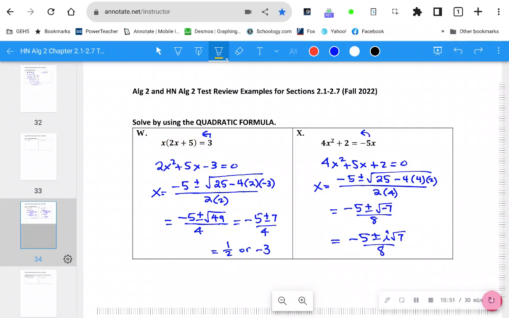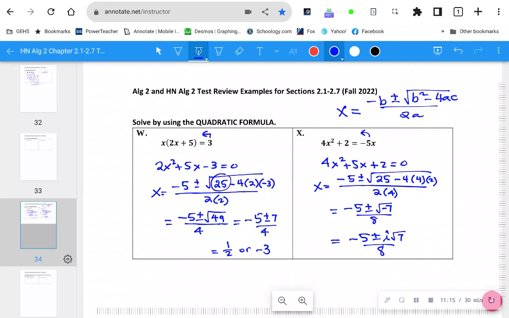And the formula, let me write that off to the side, is x equals the opposite of b plus or minus the square root of b squared minus 4ac over 2a. Excuse me. So you start with the opposite of b. You can see I changed the sign of that middle term. Then you square that.